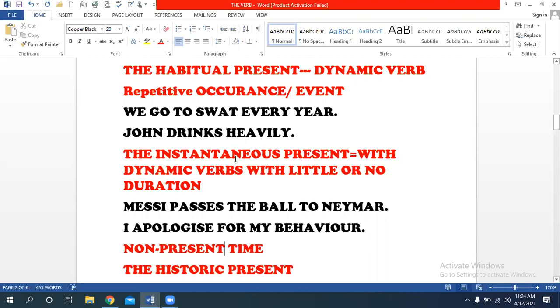But as far as the instantaneous present is concerned, it is for some duration, but that duration is not mentioned, and that duration is not important as well. So these are the actions or state of affairs denoted by the verb in present simple tense.